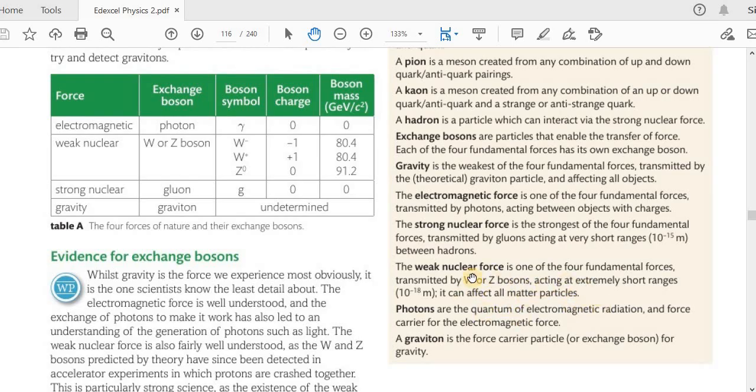Photons are the quantum of electromagnetic radiation and the force carrier for the electromagnetic force. A graviton is the force carrier particle or exchange boson for gravity.